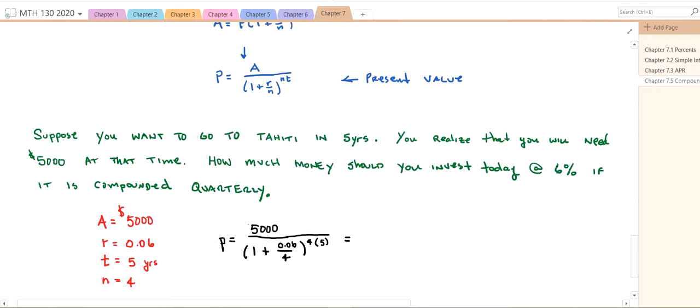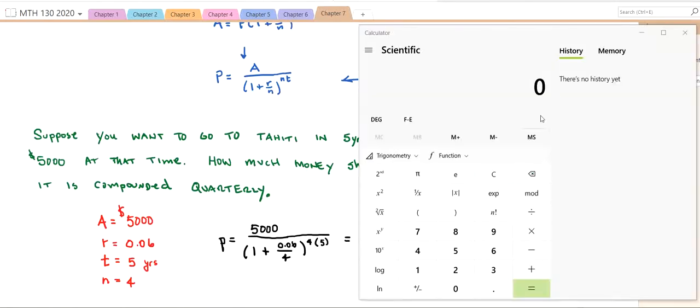So again, let's do one calculation in the calculator. The calculator that comes with Windows is advanced enough that it has parentheses and an x to the y power. So you could type this formula in exactly as it's shown here.